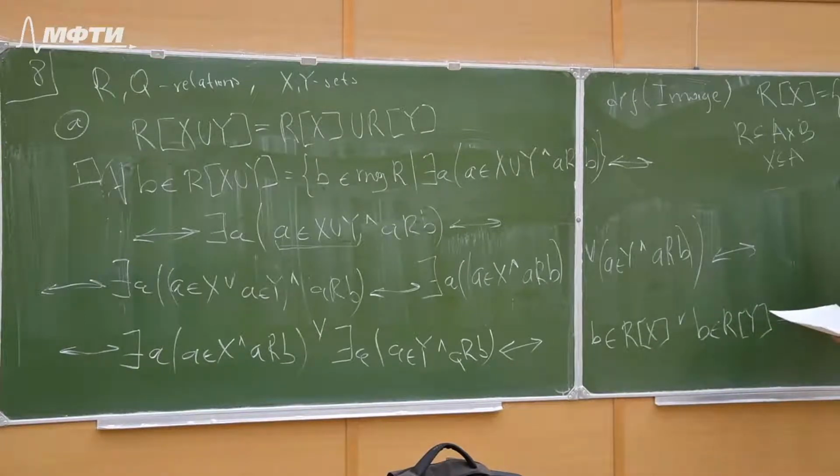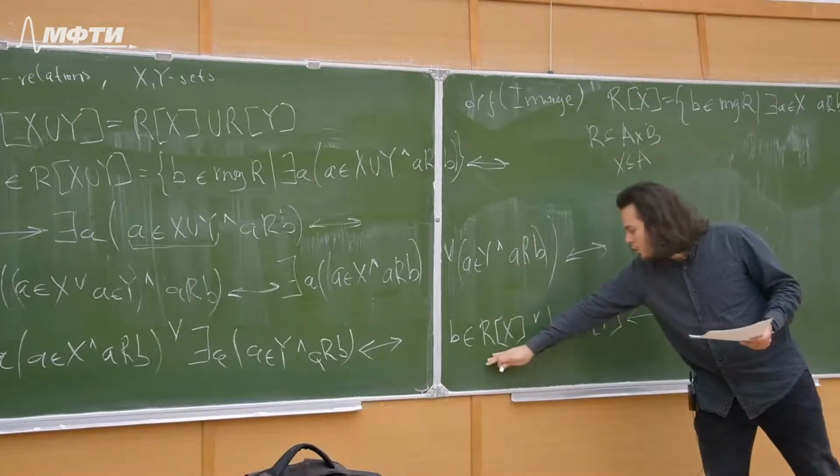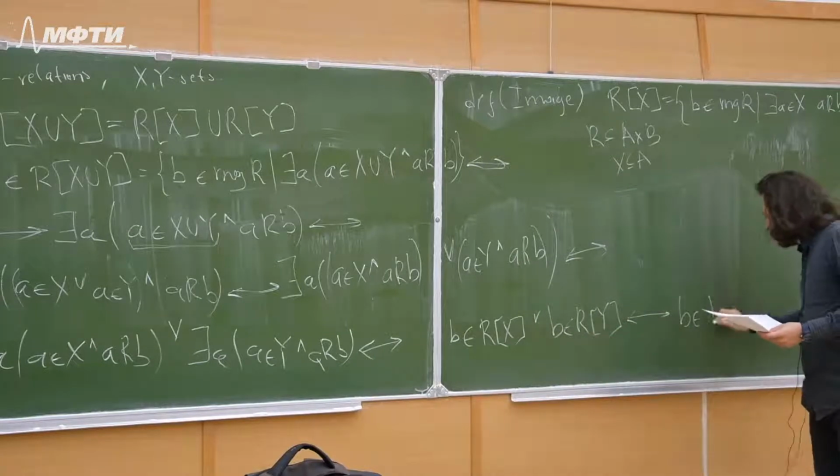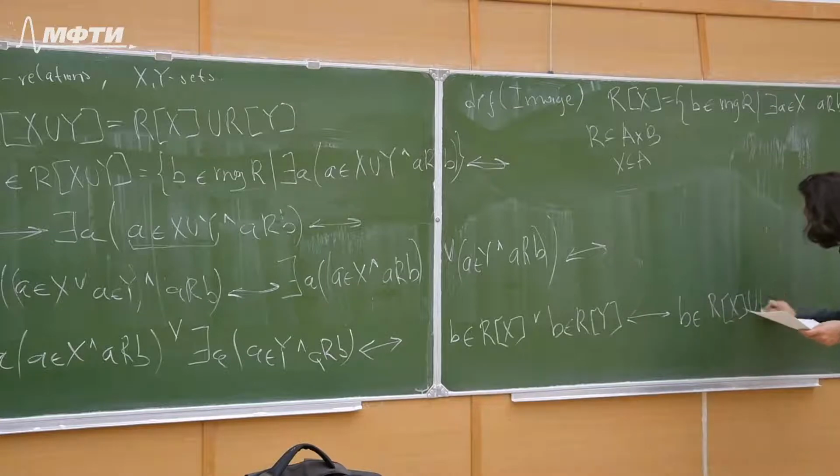So this means that B belongs to the union, right? We have OR here, so to the union of this one and this one. So to the union of R(X) union R(Y).